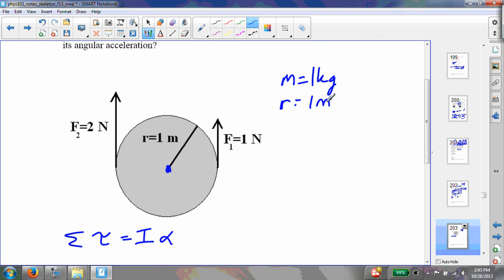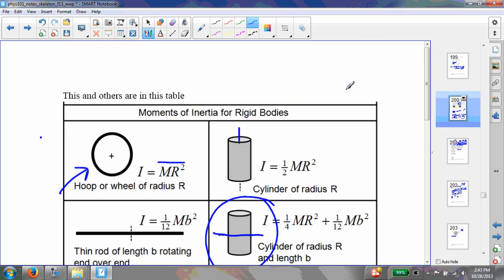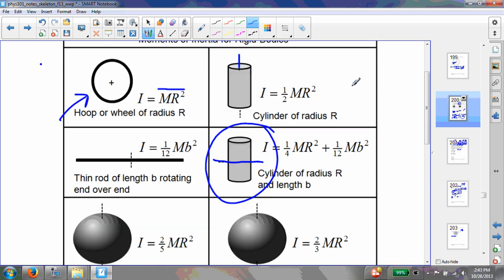And then we look back at our table. I look at this table and ask myself, which of these objects is that disk which is spinning? That disk is the same as a cylinder, just a flat cylinder.